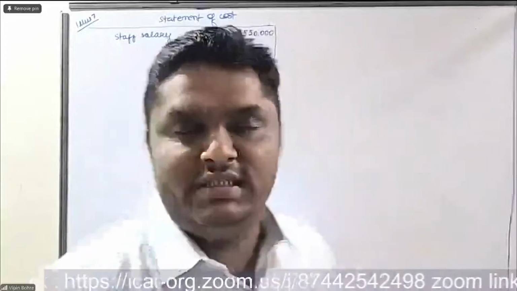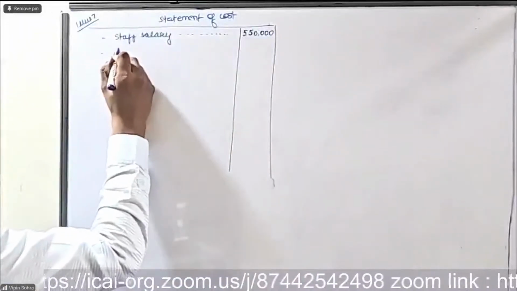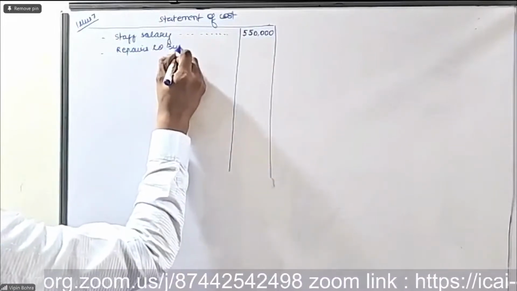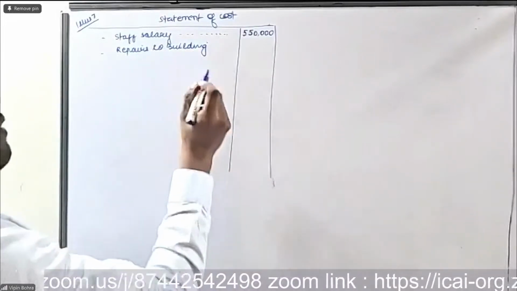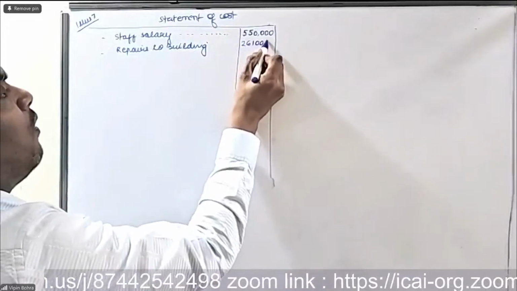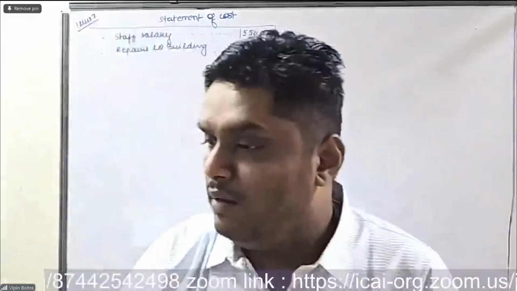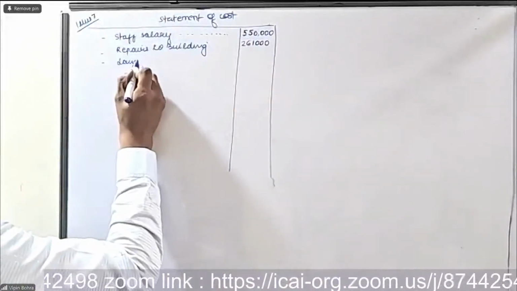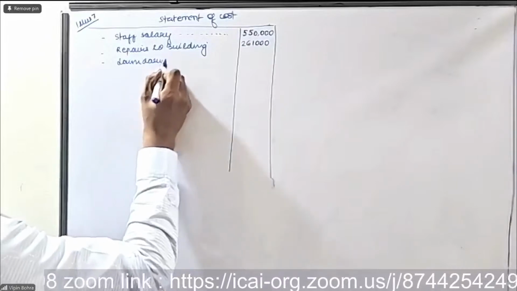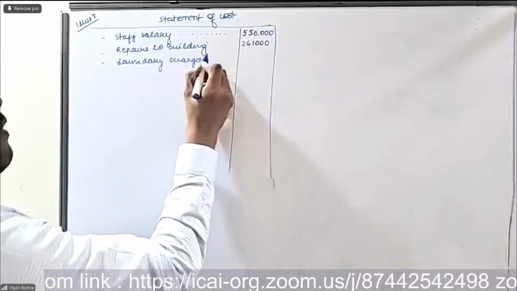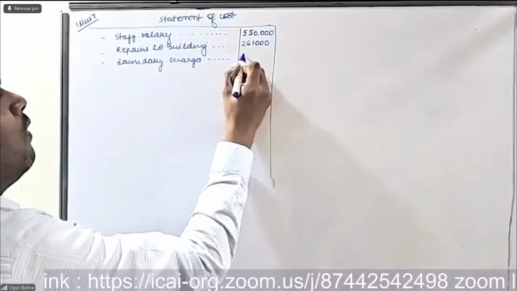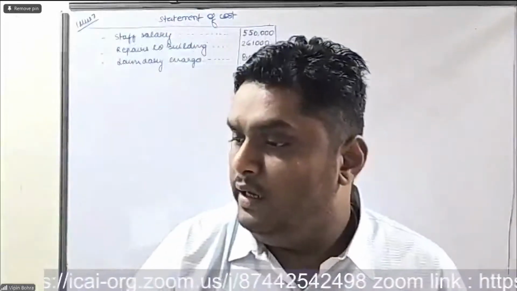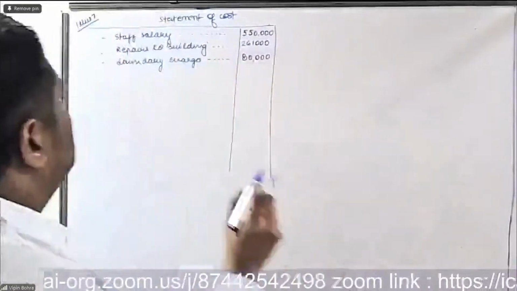Repairs to building, it is 2,61,000. Laundry charges are 80,000. Interior charges are 1,75,000.